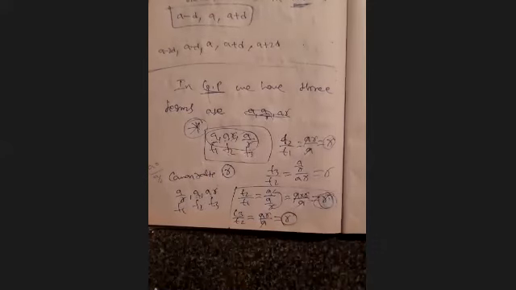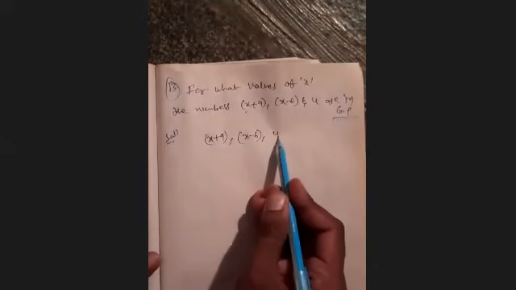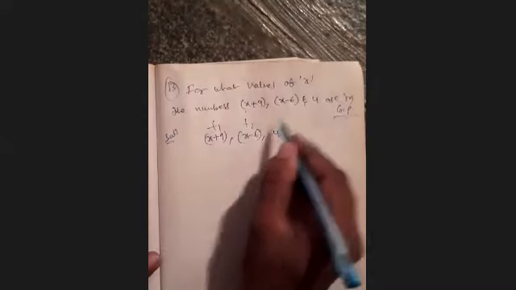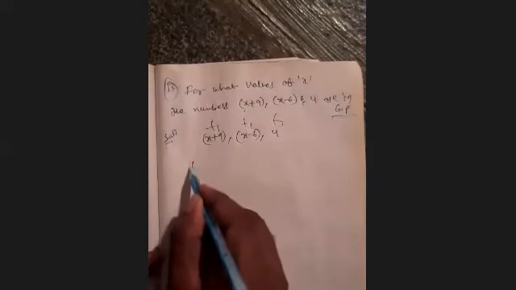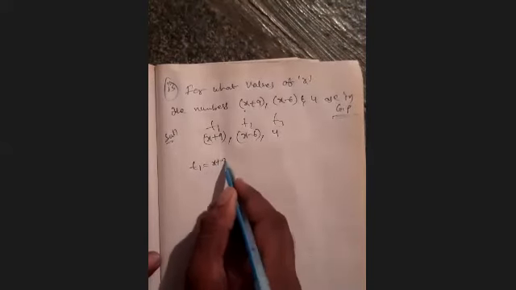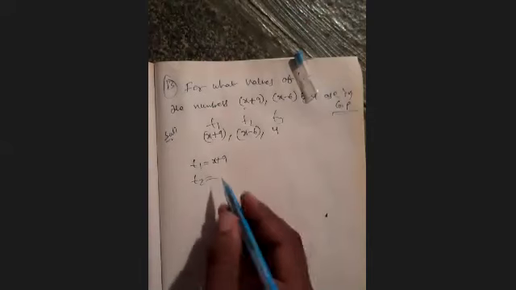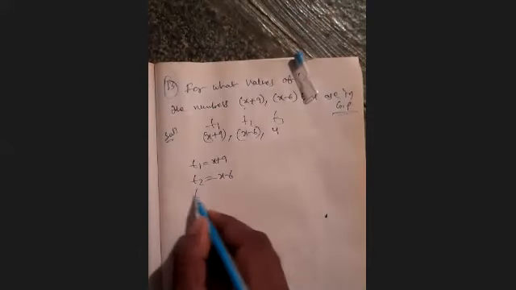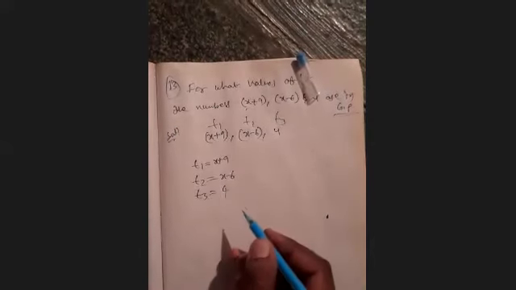Here also in this question, if you observe, given three terms T1, T2, T3. T1 is x plus 9. T2 is x minus 6. T3 is 4.